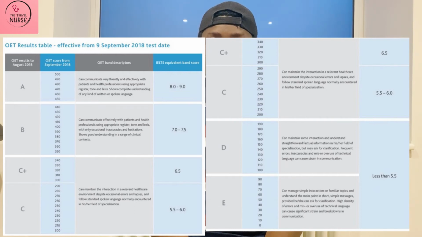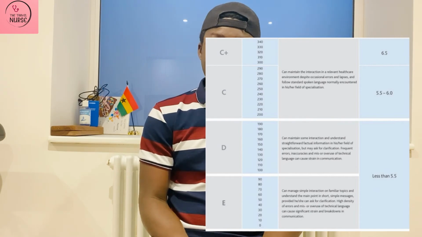So it's 450 to 500 for A. Then you have 350 to 440, that is B. Then you have 300 to 340, that is C plus, and that will be equivalent to 6.5 in IELTS.